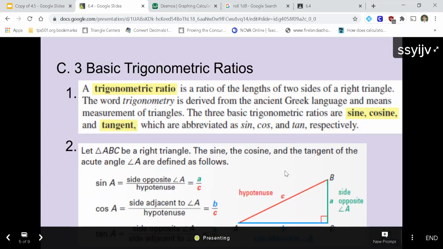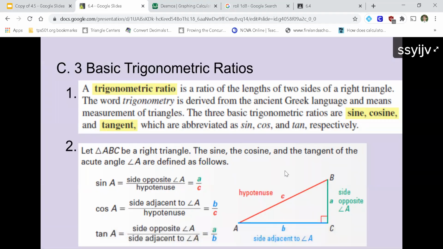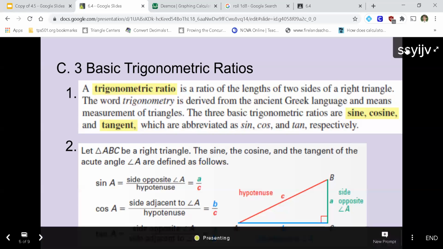Okay, so I think we are pretty comfortable with the labeling part. The second thing we do then is to use a formula. We label our triangle and then we use a formula. These are the formulas that we're going to use for any triangle. There are 3 of them, and they are called your trigonometric ratios.